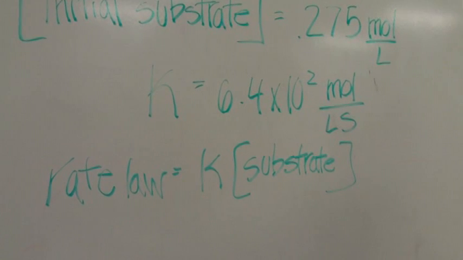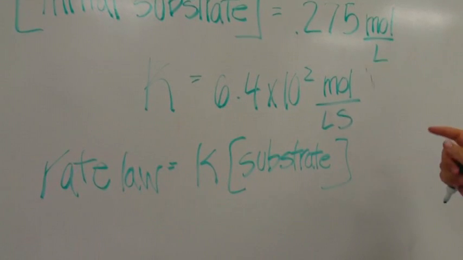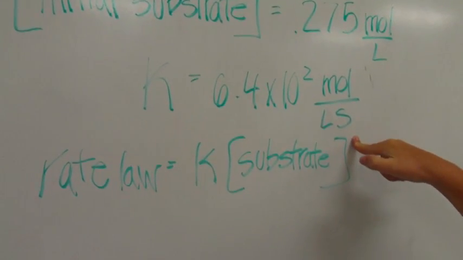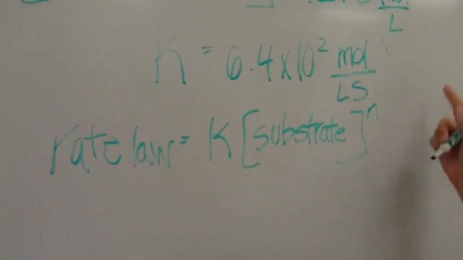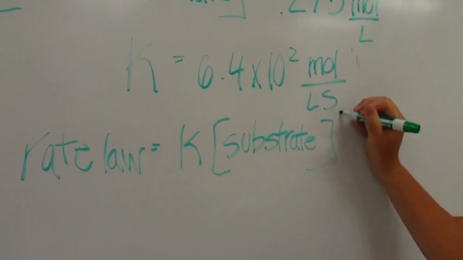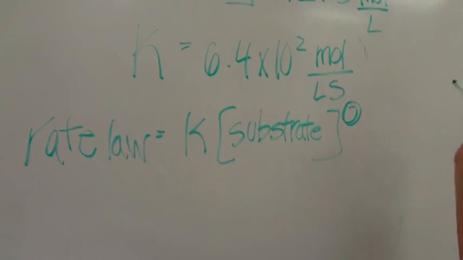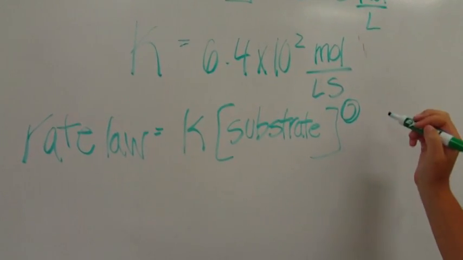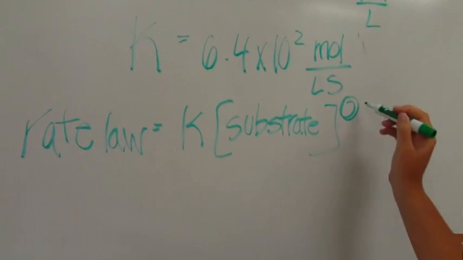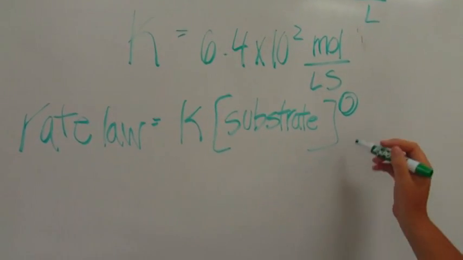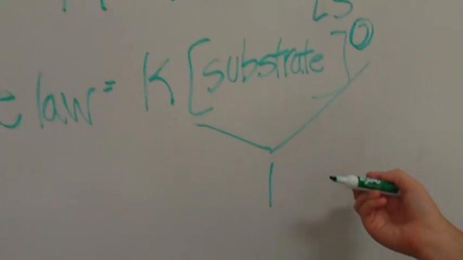And so when they tell us it's a zero order, then we know that the exponent for the rate law, because usually it's like n to some number, but in this case, it's 0. So basically anything to the power of 0 equals 1. So in this case, the substrate raised to 0 is 1. So we know that this value right here is just going to equal 1.